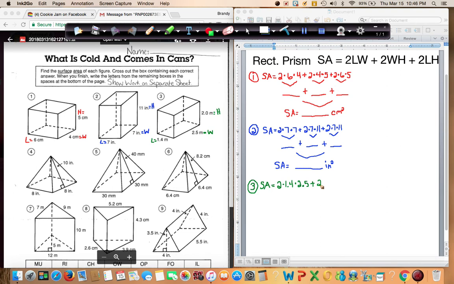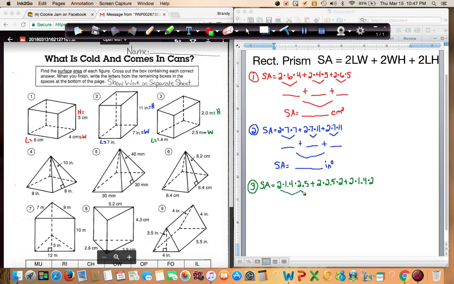And remember, that first 2 happens every time with surface area. Now we have our width and our height, so we're going to do 2 times 2.5 times 2.0. And I hope you guys know that 2 and 2.0, same thing. And then we're going to multiply the last piece, 2 times my length, which is 1.4, times my height, which is 2.0, or just 2.